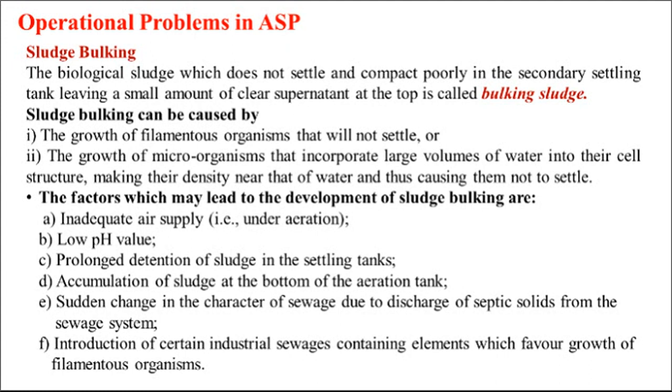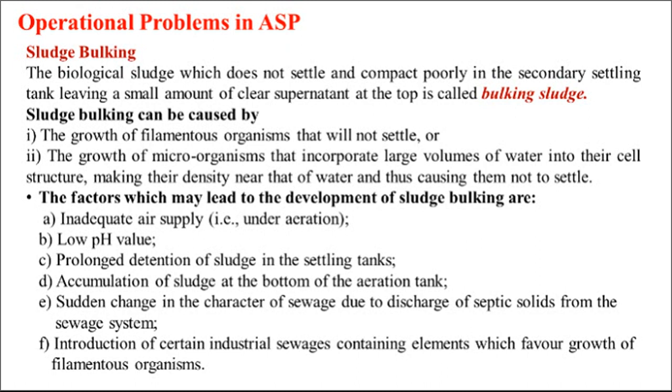Sludge bulking can be caused by the growth of filamentous organisms that will not settle. Second, the growth of microorganisms that incorporate a large volume of water into their cell structure, making their density near that of water and thus causing them not to settle, but they will float on the surface of the wastewater.